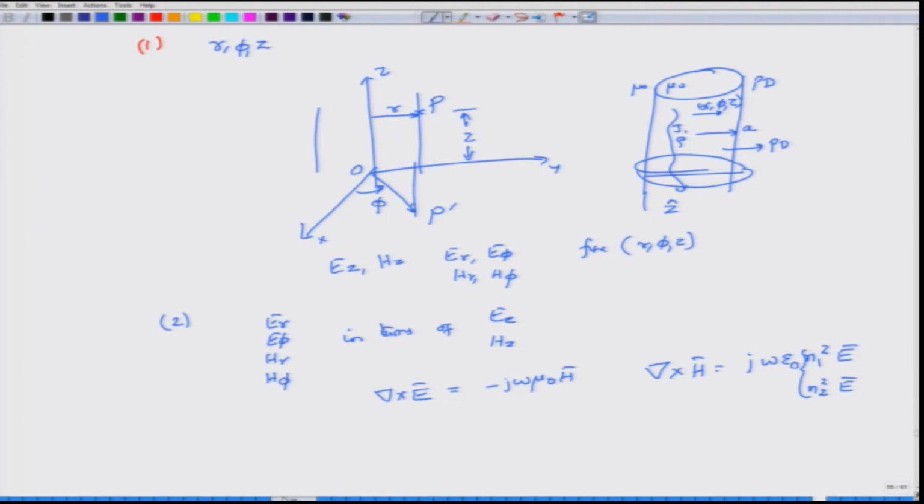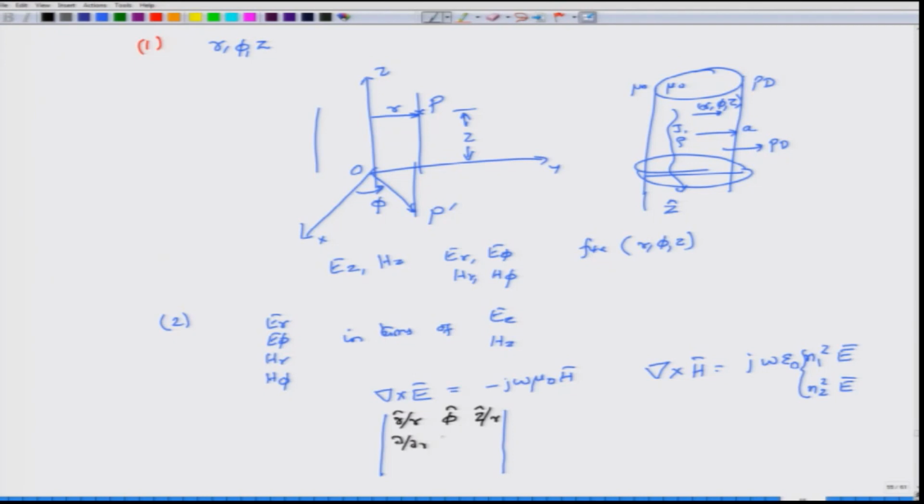So, how do we write the curl of electric field or curl of magnetic field expressions in the cylindrical coordinate system? Well, we go to the determinant idea again. You can look up any textbook which deals with vector analysis. These are the 3 unit vectors along r, phi and z, and this is the determinant form of the equation.